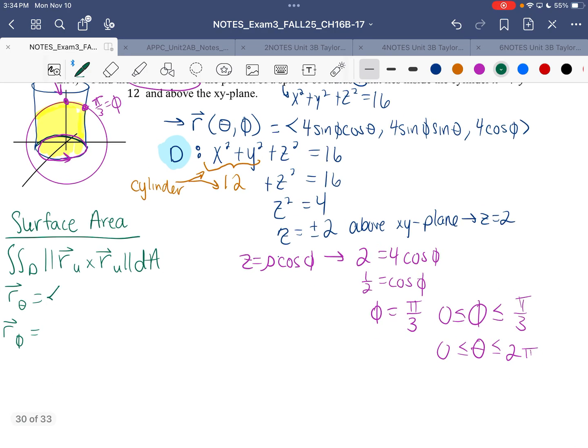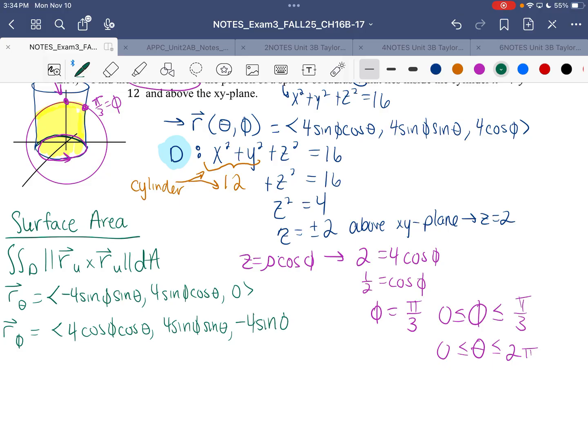Okay. Derivative of that with respect to theta is going to be -4 sine phi sine theta, 4 sine phi cosine theta, 0. So it's going to be 4 cosine, 4 sine, -4 sine.